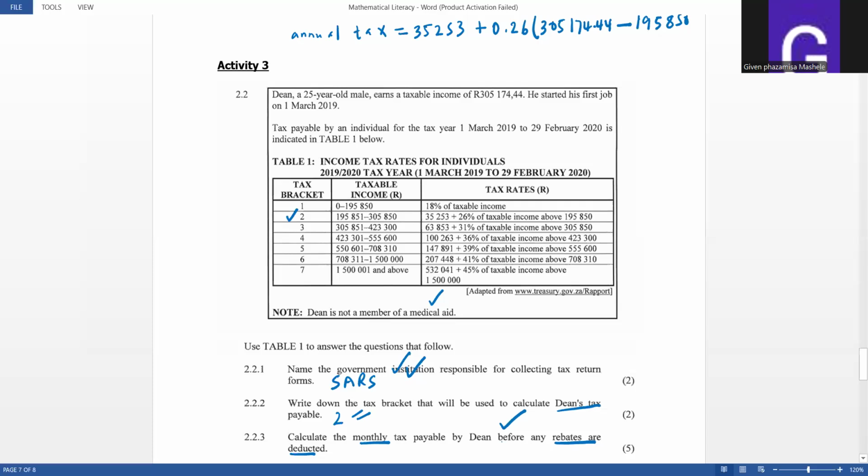Let's do the calculation. The annual tax will be 35,253 plus 0.26 of 305,174.44 minus 195,850.